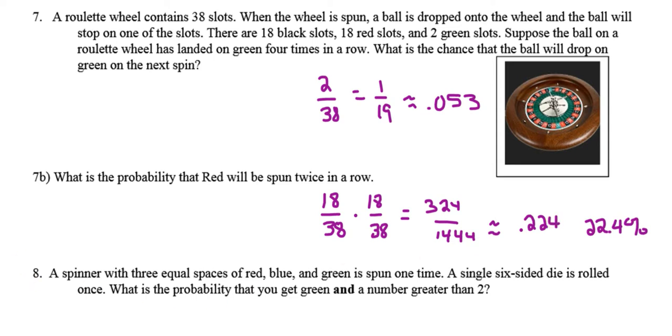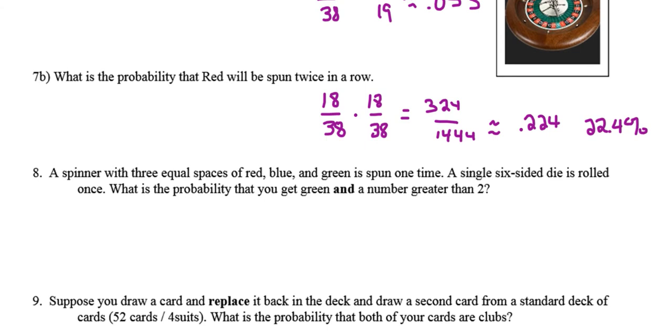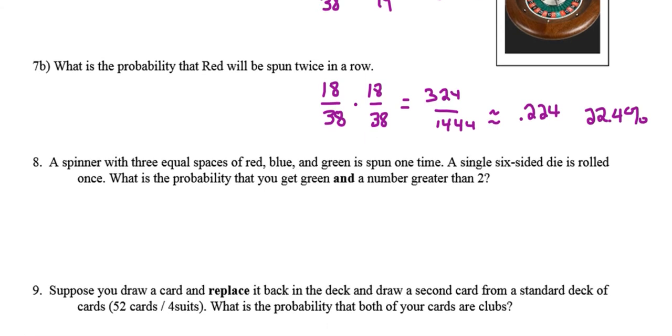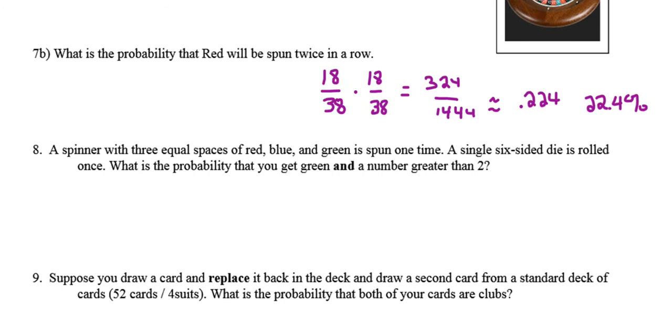Okay, number 8 here, the spinner. Now, number 8 is one that I believe is a bonus question, or it was taken off the actual test. But I'll go through this here real quick. There's a spinner, so it's one of these kind of things with three spots, and there's 3 different colors, and a die is rolled. What's the probability you get green?